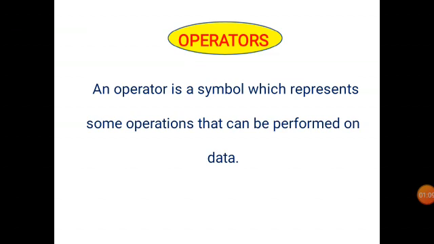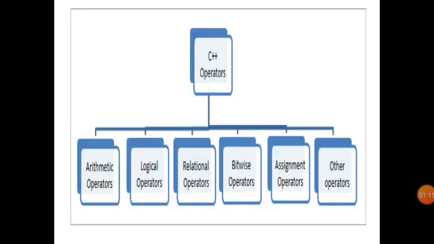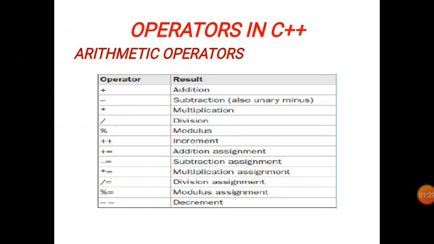An operator is a symbol which represents some operation that can be performed on data. Here there are arithmetic operators, logical operators, relational operators, bitwise operators, assignment operators and also other operators like scope resolution operators, memory management operators, etc. The first one we are going to see is arithmetic operators.